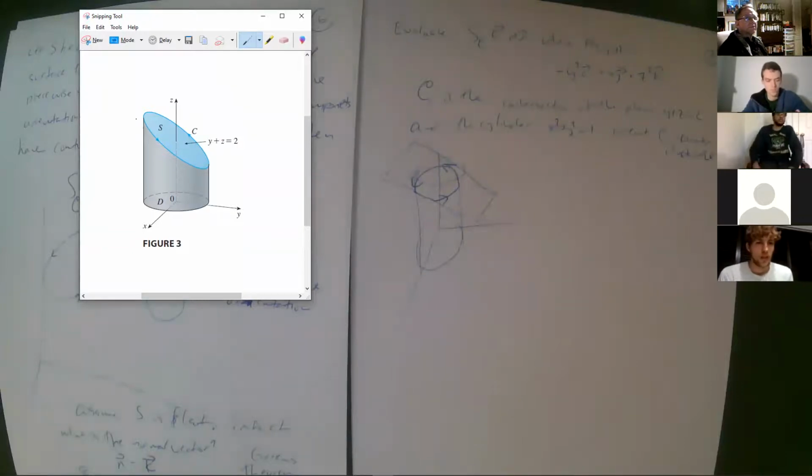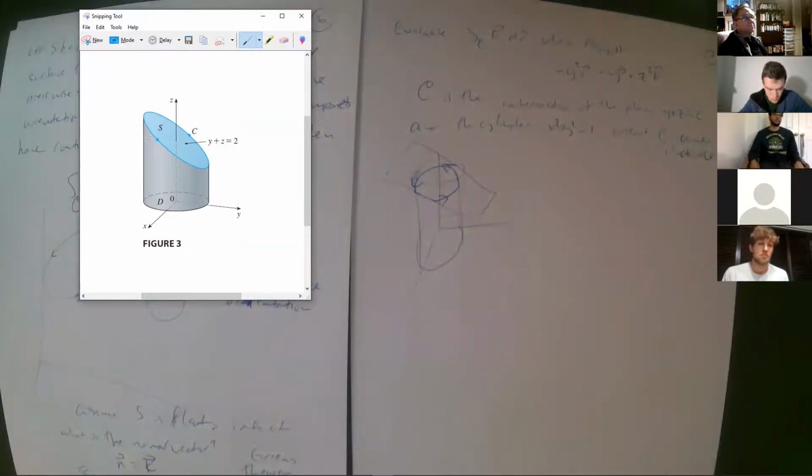And I pick my surface as this ellipse, which Nick was talking about right here. So it will be useful to know the equation of this ellipse, because that's the surface I chose. Note, there are many surfaces I could pick that have this C as their boundary.